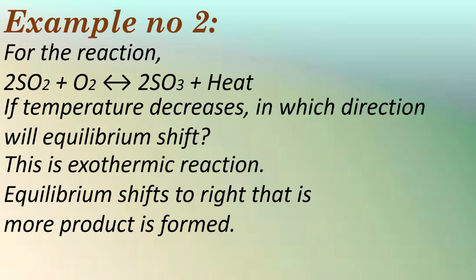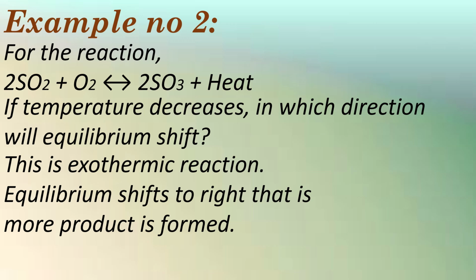So in exothermic reaction, the reactants are more energetic than product because heat is releasing. If temperature decreases, in which direction will equilibrium shift? In this reaction, if we decrease temperature, the equilibrium will shift towards right, that is, more product is formed.